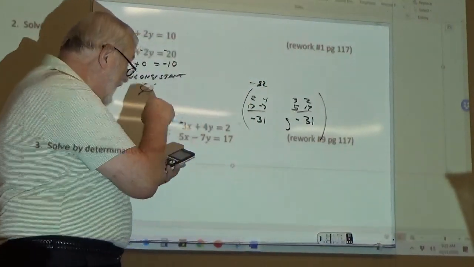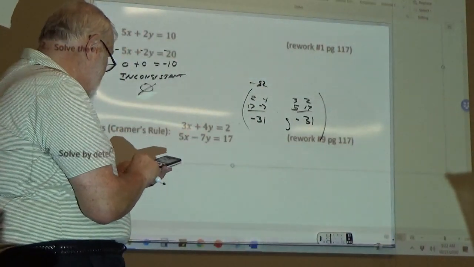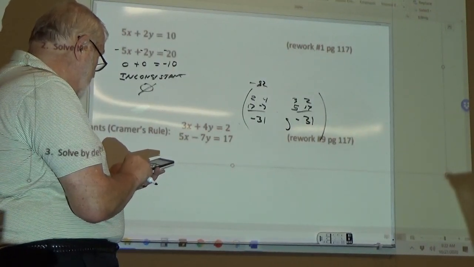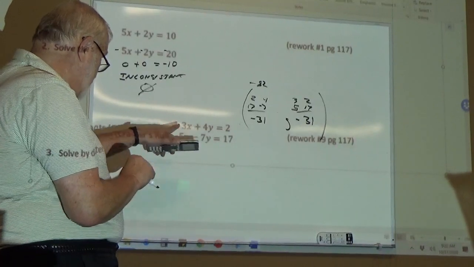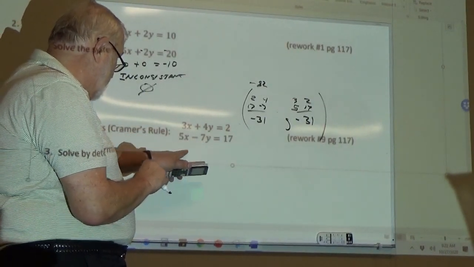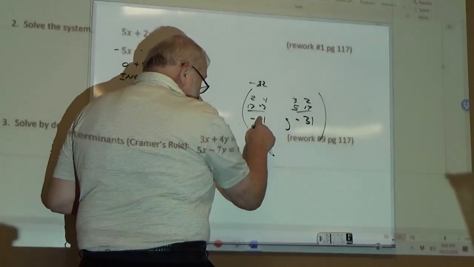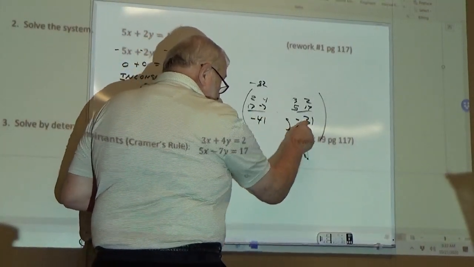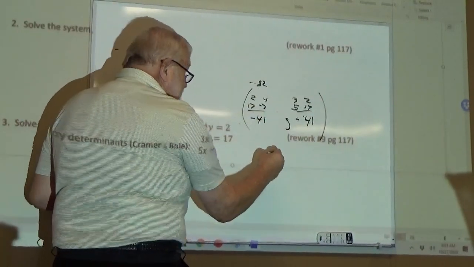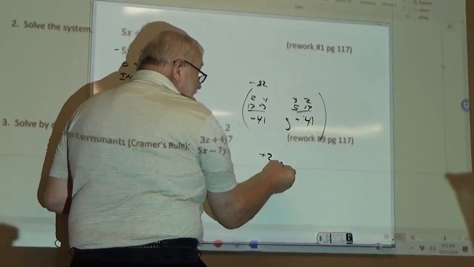And so when I divide that by the denominator, was it 31? Let's see, 21. No, 21 minus 20 is 41. Oh, yeah. All right. So now when this comes down, you're going to have a +2 for the x.